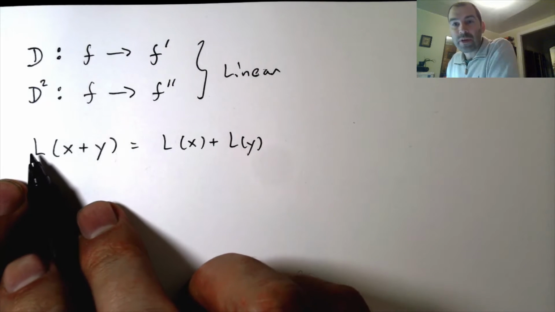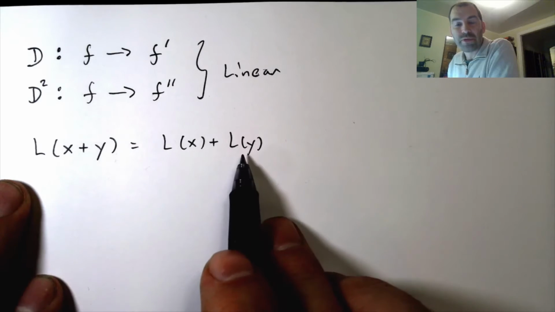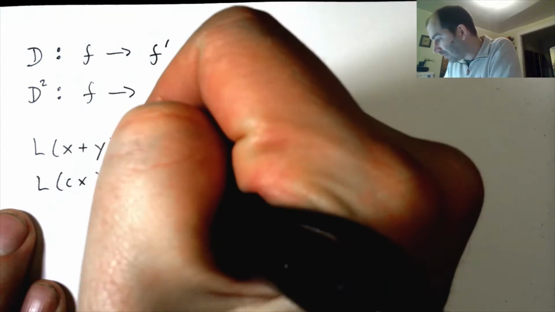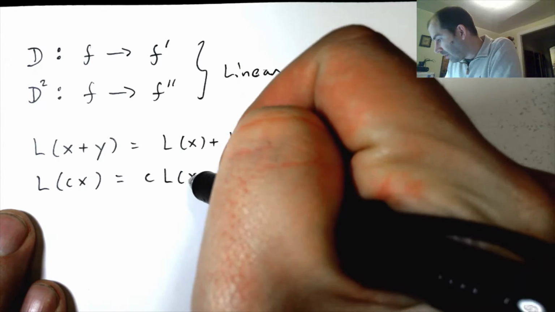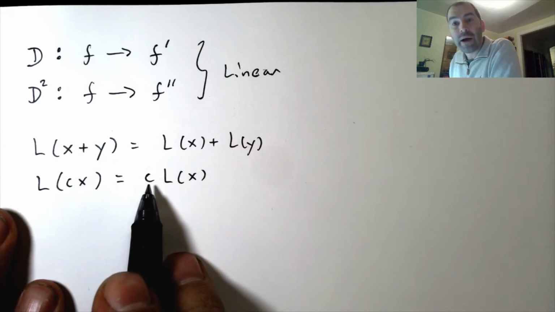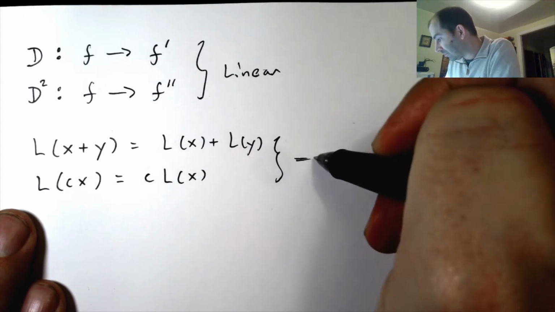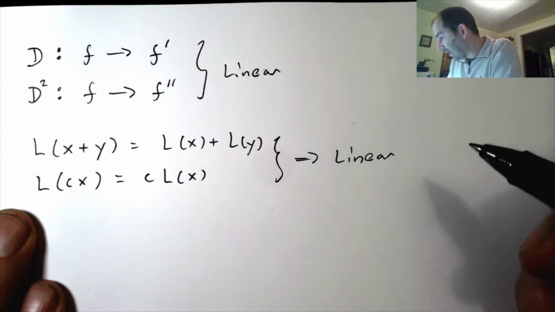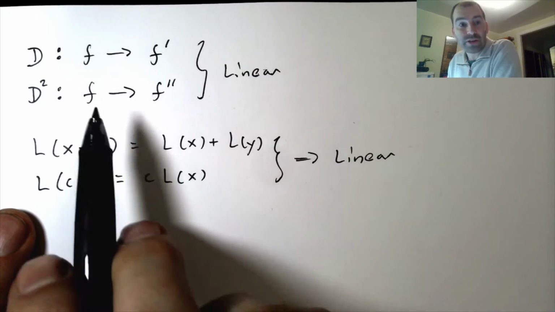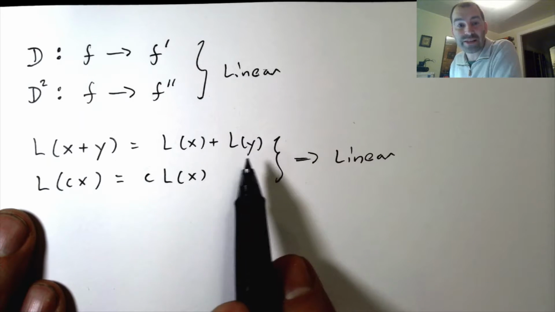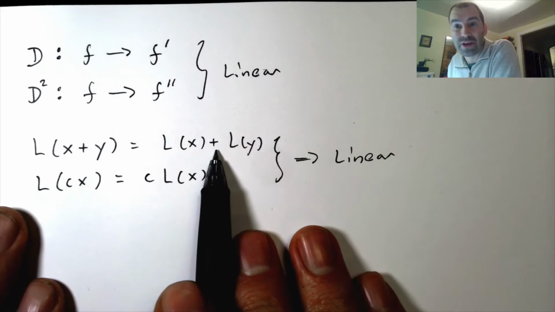So the function of the sum is the sum of the function values. And moreover, if I take a real number times the argument that I plug in, that real number can be pulled out. This is what it means to be linear. And it's not too difficult at all to verify that the derivative operators are all linear. They all satisfy these properties. These are just properties of the derivative.